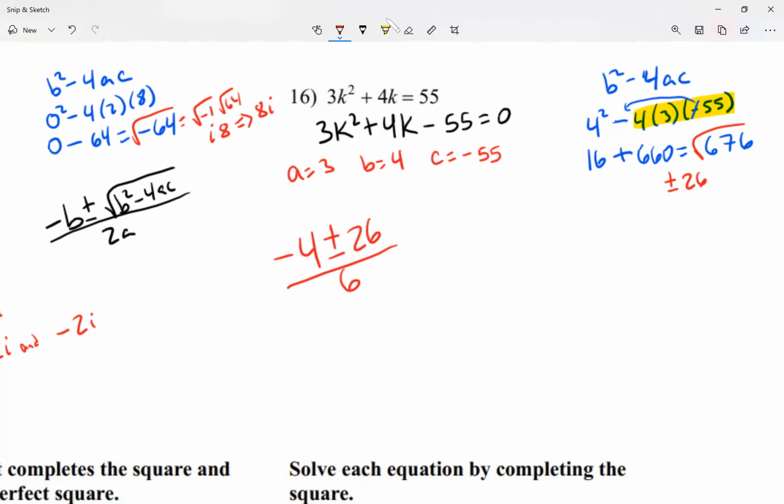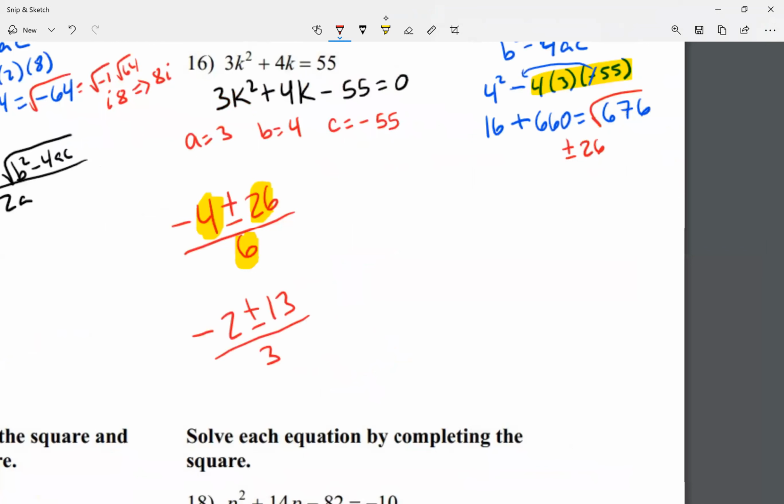I see my numbers. I can divide them all by 2. So I have negative 2 plus or minus 13 over 3. Okay, I still have a fraction. So my answers would be negative 2 plus 13 over 3 and negative 2 minus 13 over 3.